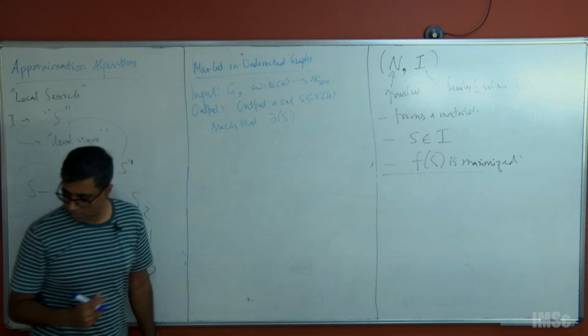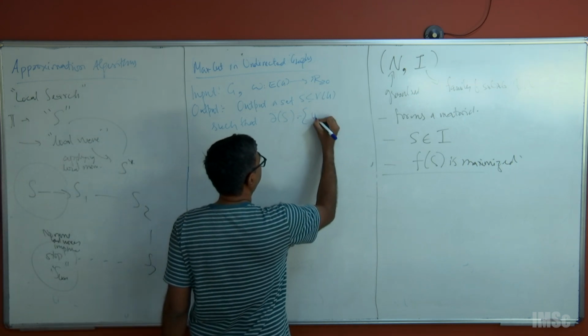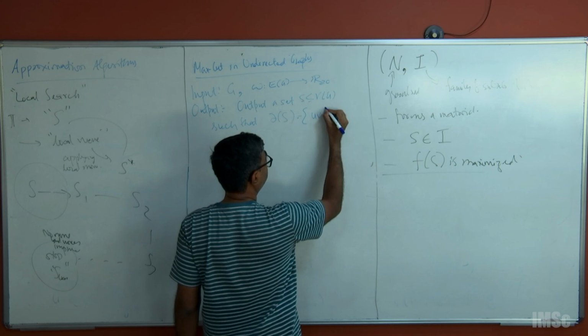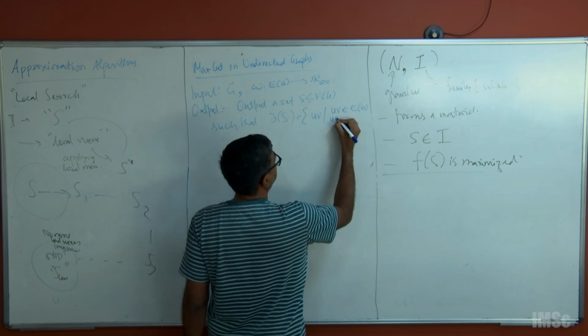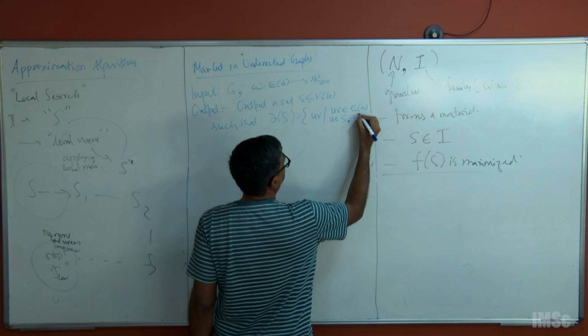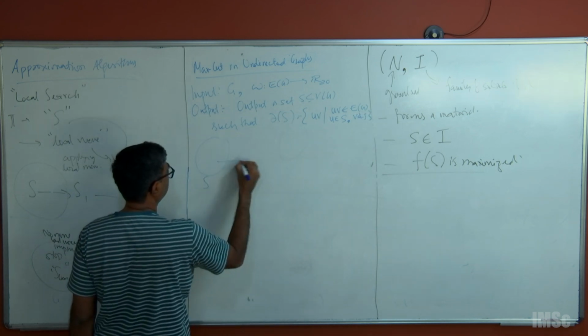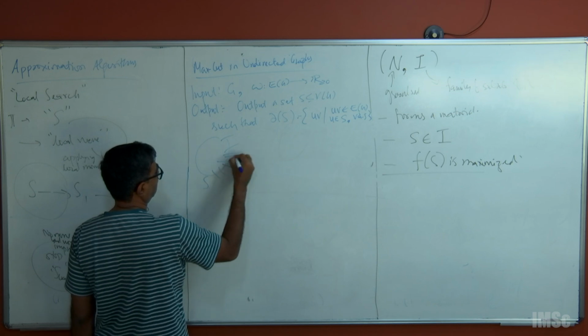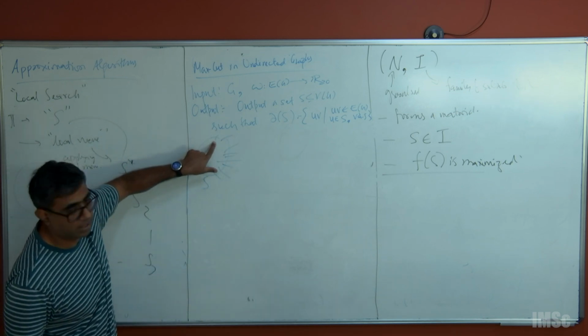delta S. What is delta S? All those UV such that UV is an edge, UV is in E(G), U is in S, V does not belong to S. So basically delta S is all these edges with one endpoint inside and one outside.